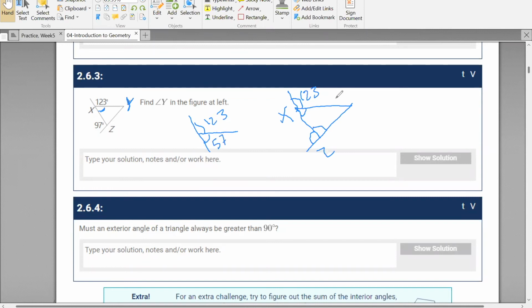So, okay. Now, can you tell me what is angle Y? Because we are one step closer to that.